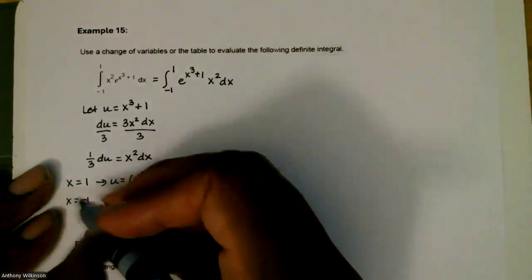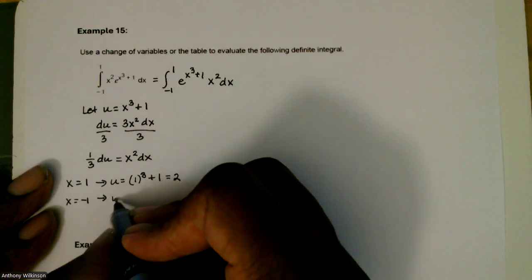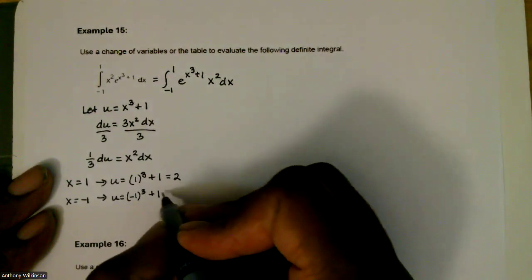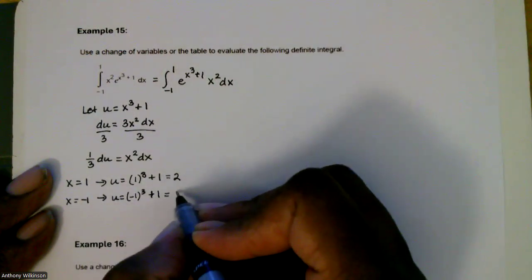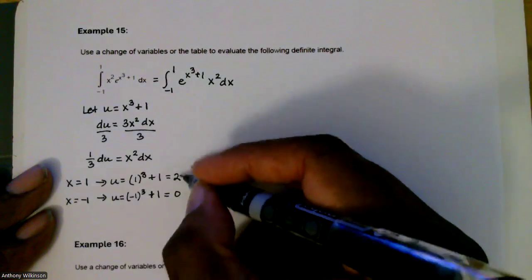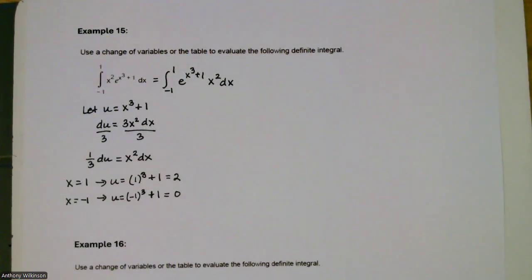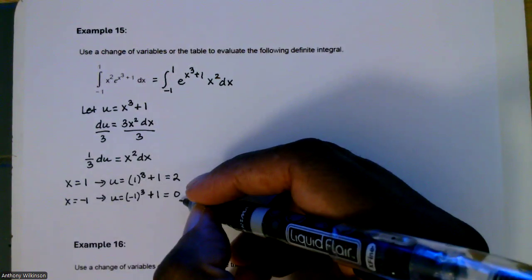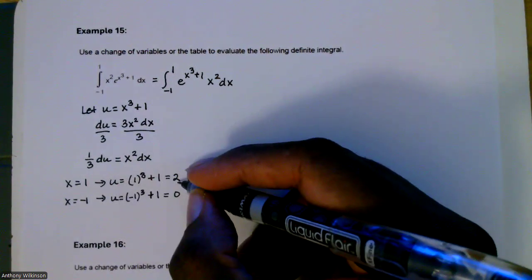And then for the negative 1, u is equal to negative 1 cubed plus 1. The cube of negative 1 is negative 1, plus 1 is 0. So actually, it's going to be from 0 to 2. I just wrote it backwards, but it's the same way. You want to make sure that your lower limit goes with the right one. For the negative 1, that'll be 0 for the u, and the upper limit is 1, that will be with the 2. So it'll be from 0 to 2.